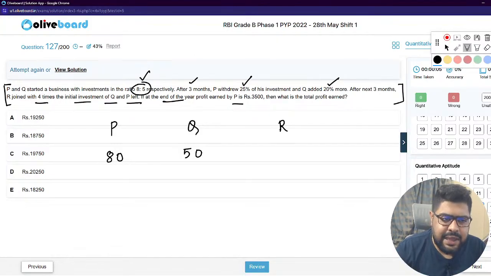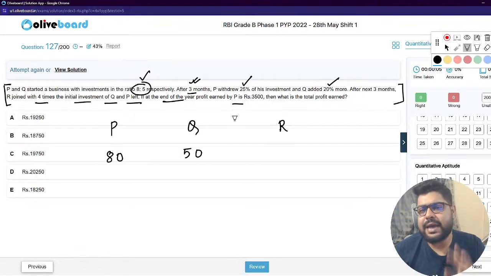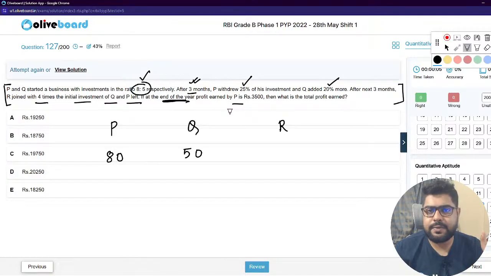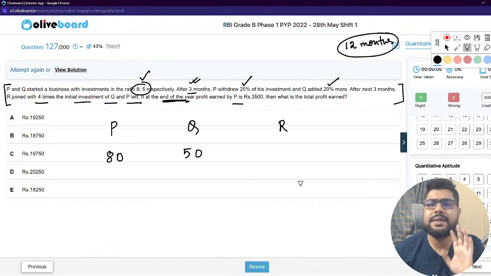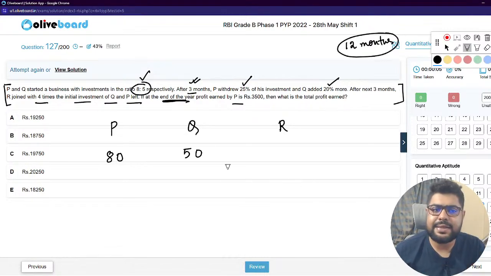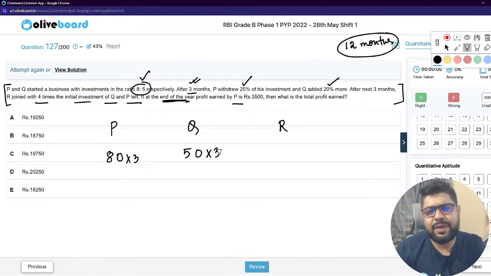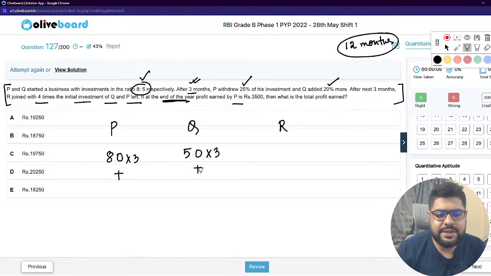The business ran for 1 year, so 12 months in total, but after 3 months something has happened. Please read between the lines: P withdrew 25% and Q added something. For the first 3 months, the money was 80 rupees and 50 rupees.